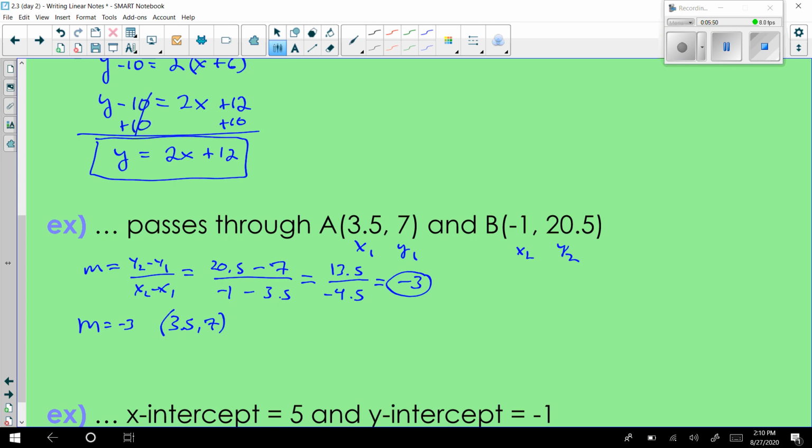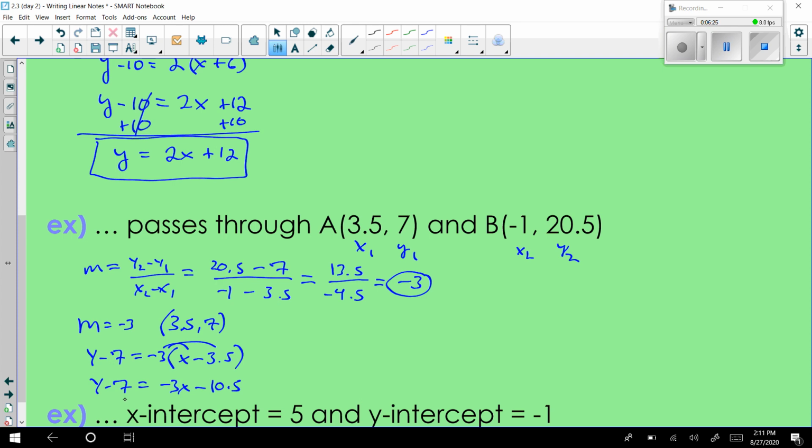Okay, so now I have a point and a slope, so I can use point-slope form, and then again we'll transfer that to slope-intercept. So we have y minus my y1, which is 7, equals the slope -3 times x minus x1, which is 3.5. Distribute this in, and we get y minus 7 equals -3x minus 10.5.